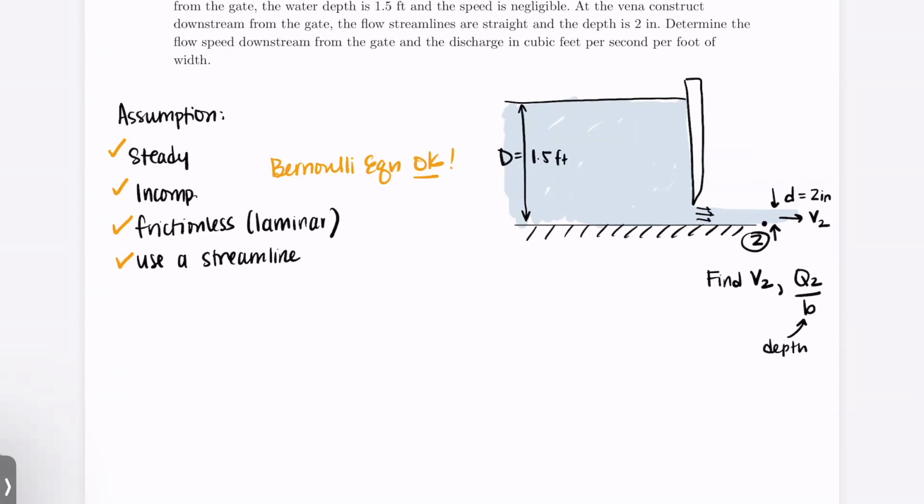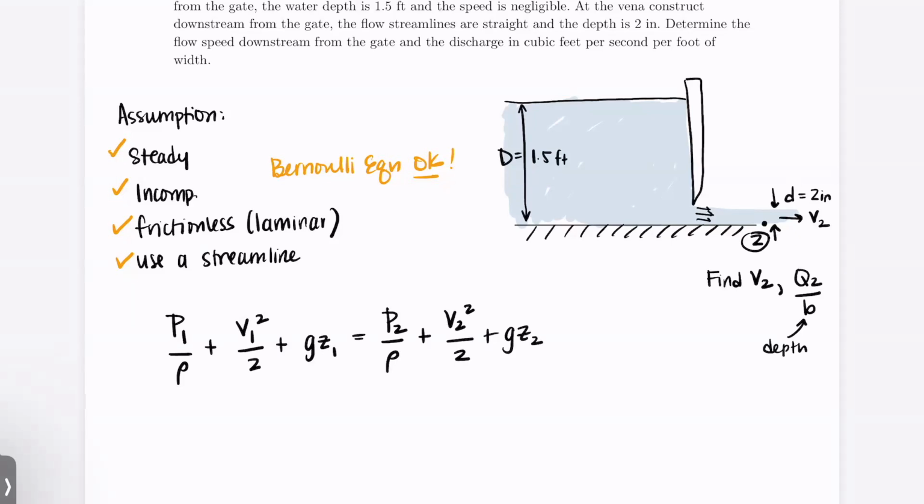So as I'm writing the Bernoulli equation for us, maybe give a little bit of thought to what we should use for point 1. Any vibes?